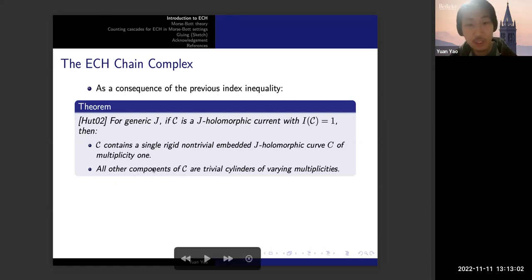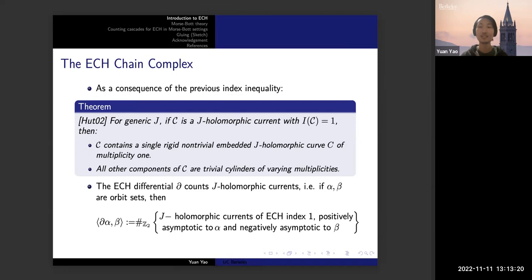All the other components of the current must be trivial cylinders of different multiplicities. So this non-trivial component is what the differential is counting, and that's picked out by the ECH index 1 condition.